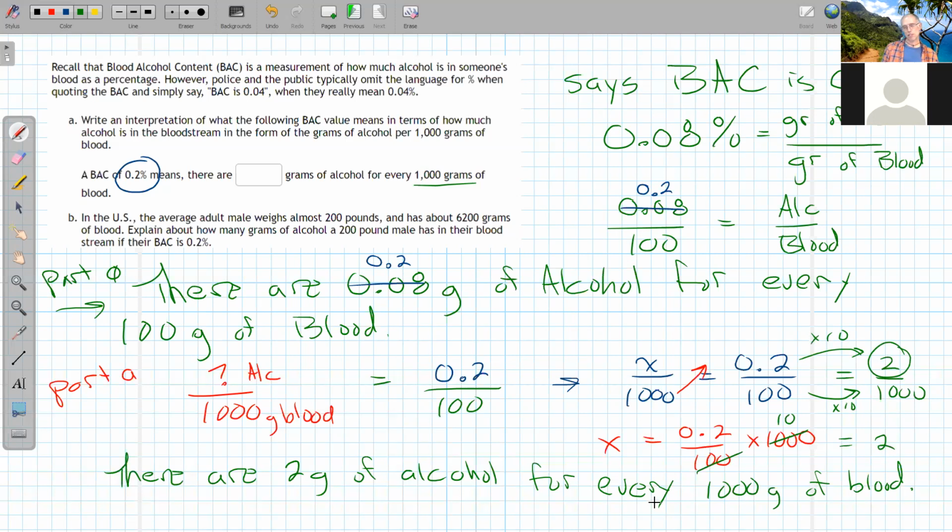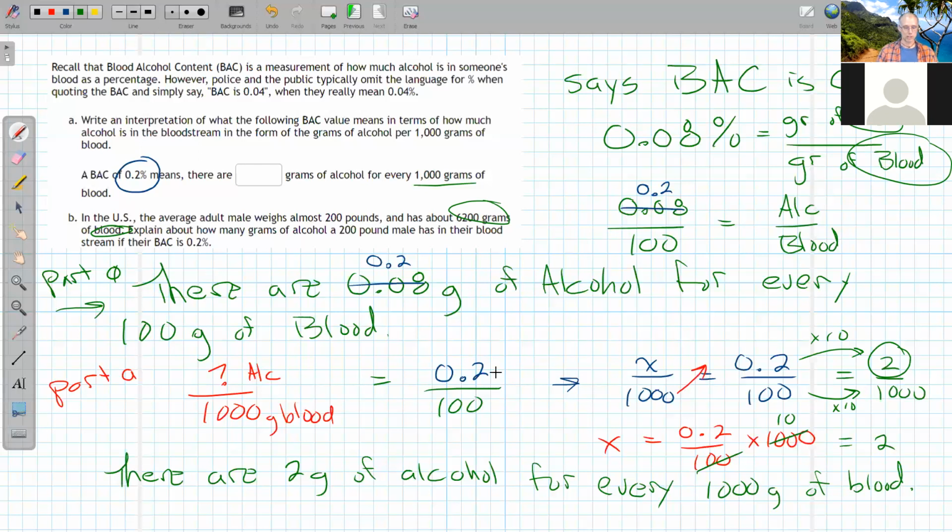And then part B has us repeat this again, but they give us a different amount of blood. The first time I did it, it was out of 100 grams of blood. Part A was out of 1,000 grams of blood. In part B, since BAC is alcohol over blood, all I really care about is how much blood there is, and there's 6,200 grams of blood.